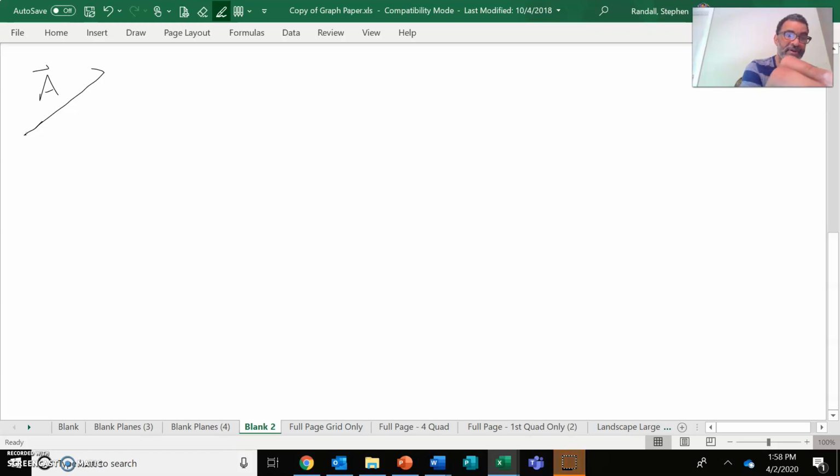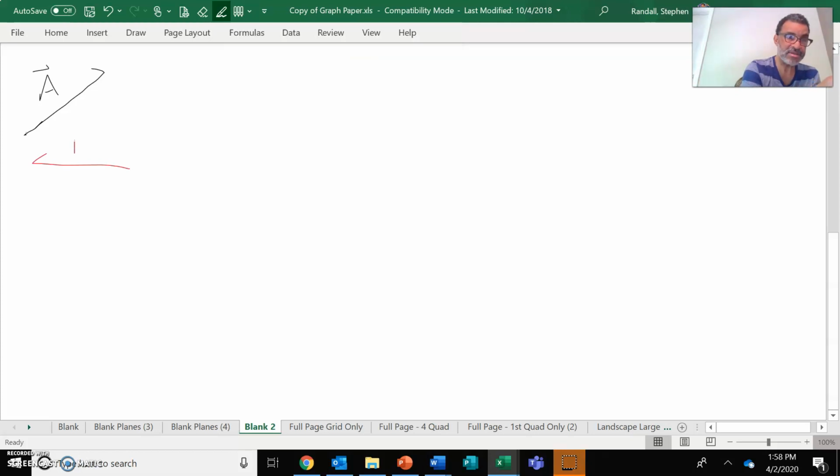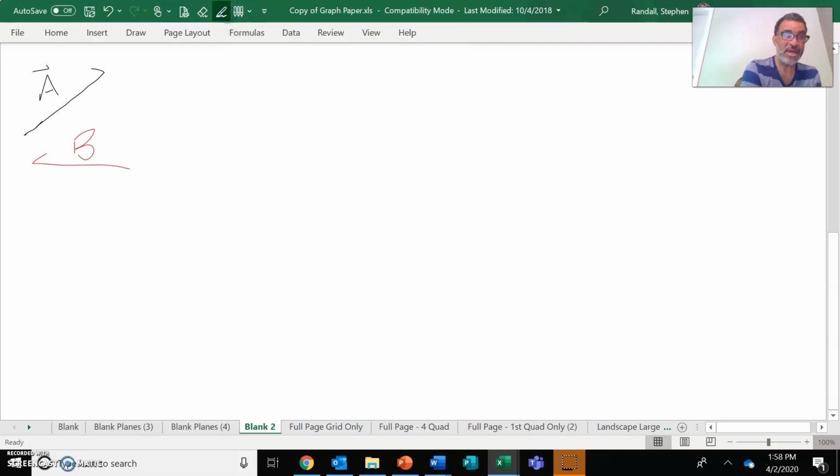I'm going to have, in red, vector B, which looks like this. And finally in gray, because I'm being colorific now, vector C goes straight down.